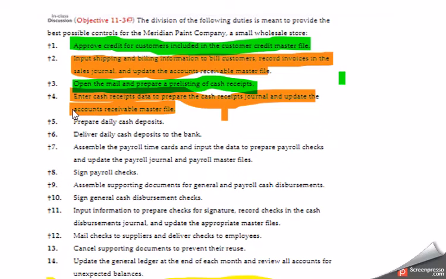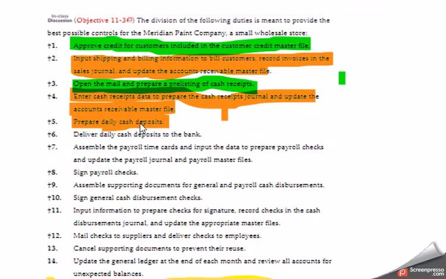Then number 5, prepare the daily cash deposits. Again, it shouldn't be the person who's opening the mail and preparing that pre-listing, because that would be touching the assets and recording the assets. So the same person who's entering those into the system should also be preparing the cash deposits.